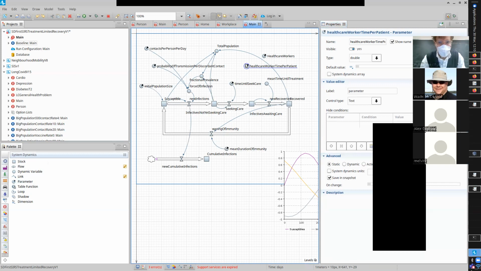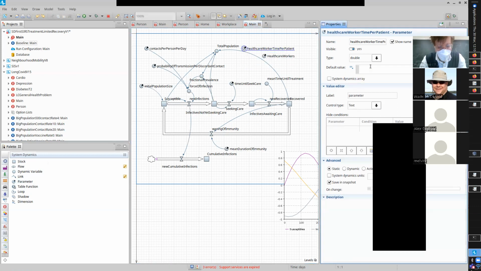Next, we have a number of healthcare workers, we have an amount of healthcare worker time per patient, and we're going to say that each healthcare worker requires 15 minutes per patient. So that's 0.25 divided by 24.0. So that's 15 minutes. In other words, it's 1/4 of an hour, which is 1/24.